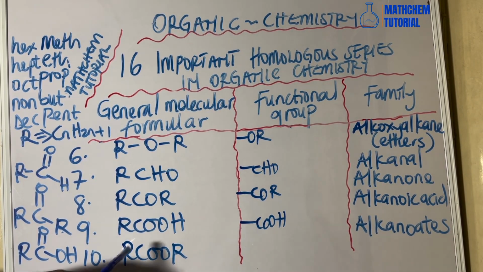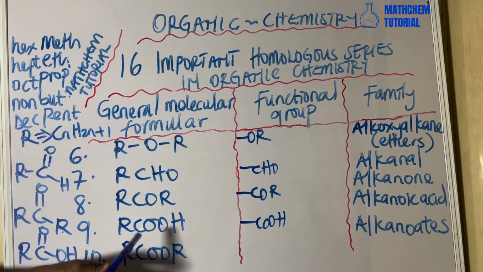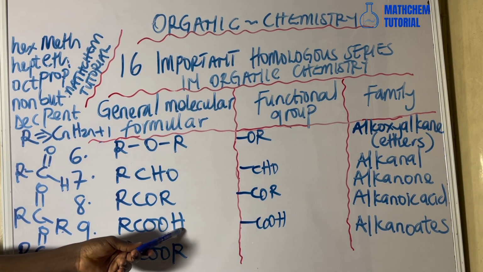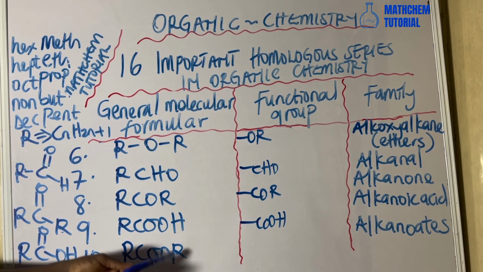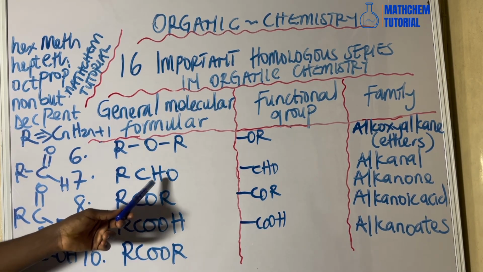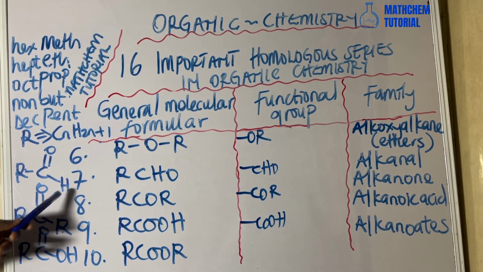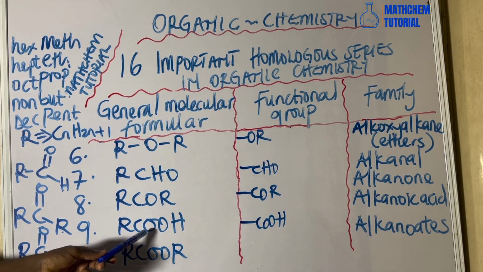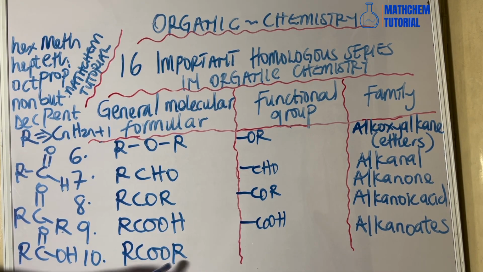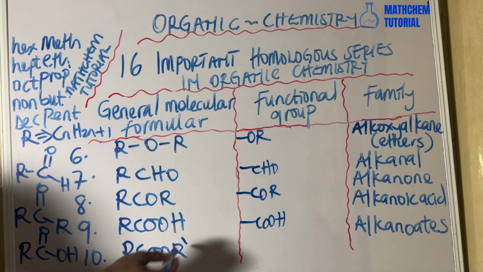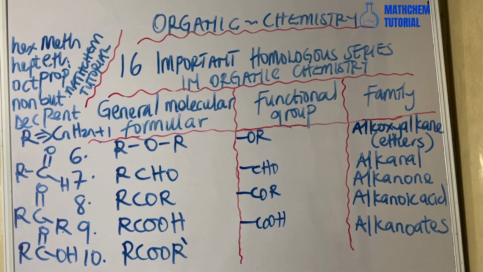You observe that for this alkanoic acid and this alkanoate, this one has H, while this one has R. So for this guy, this one is H at the ending, while this one is R. But some people put prime on this R. You understand? On this R.